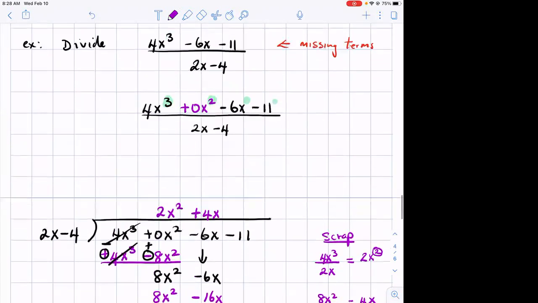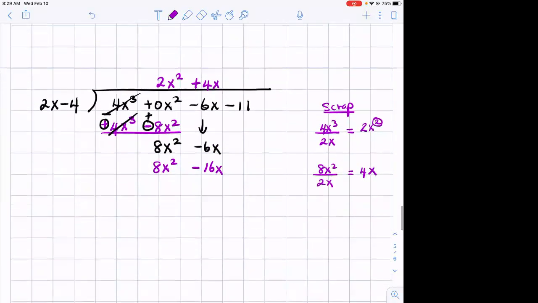Don't forget, this is a plus here, so you have to change your signs. So when you change your sign, this becomes a minus, and this becomes a plus. So minus 6x plus 16x becomes positive 10x, and plus 8x squared minus 8x squared will cancel out. And now before you do anything, don't forget you have to bring down.